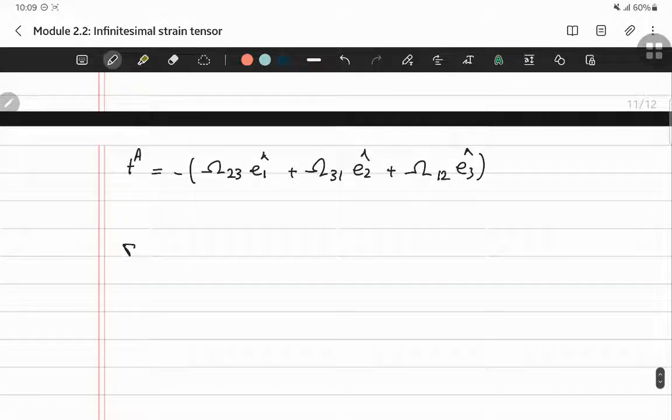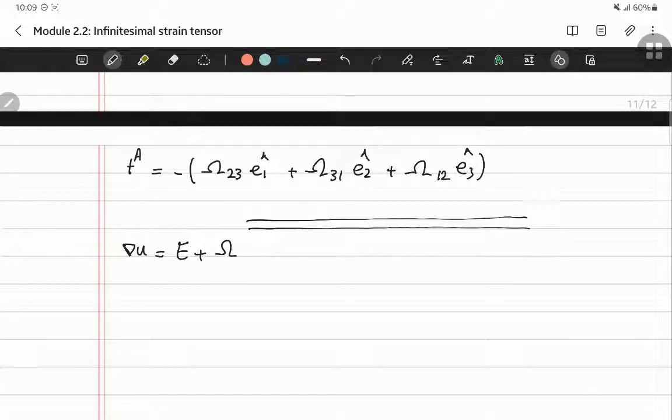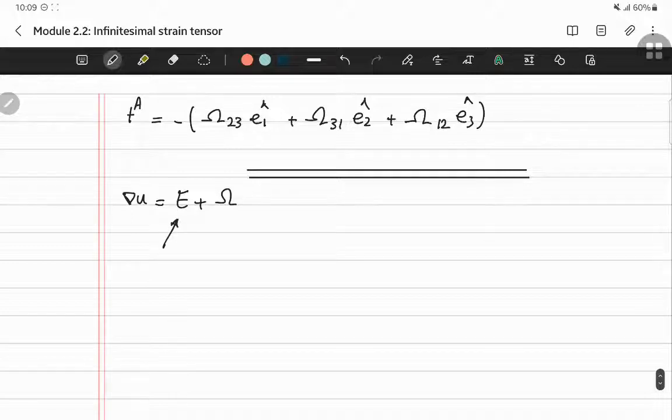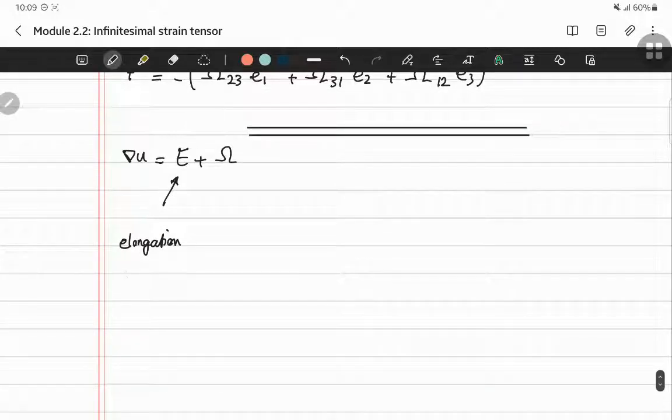So remember that del u, the displacement gradient, can be written as the summation of two other tensors, the symmetric and anti-symmetric parts, E plus omega, where in E we had elongation as well as changing angle.